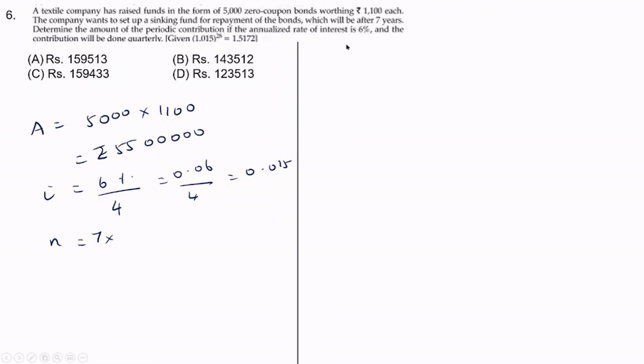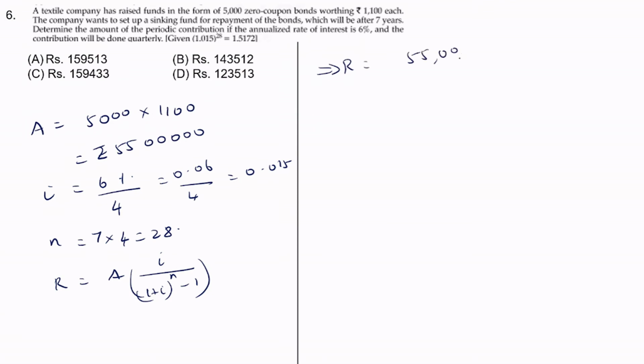Contribution is done quarterly. So N is 7 into 4, which is 28. So we have R as A into I upon 1 plus I the whole raised to N minus 1. So using this we can find R.